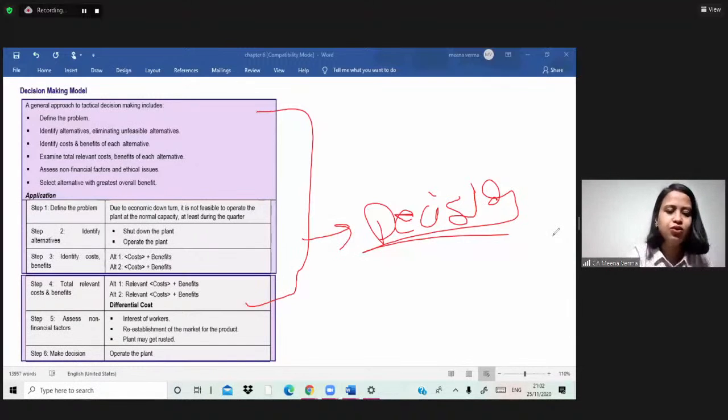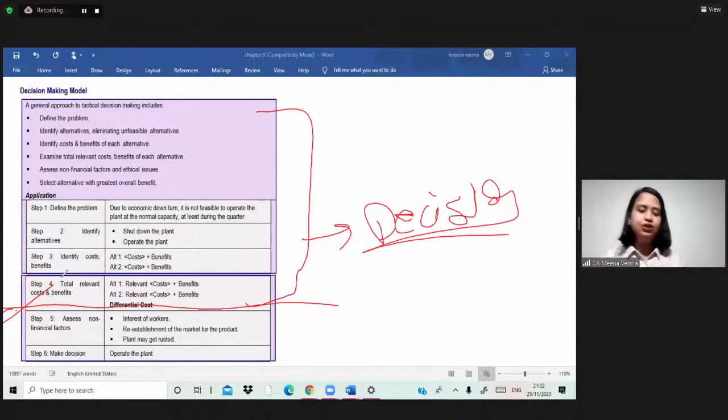You do not consider the non-financial factors. They have introduced one more point: while taking the decision, always consider the financial as well as the non-financial factors. So read the question thoroughly and try to find out all the reasons.